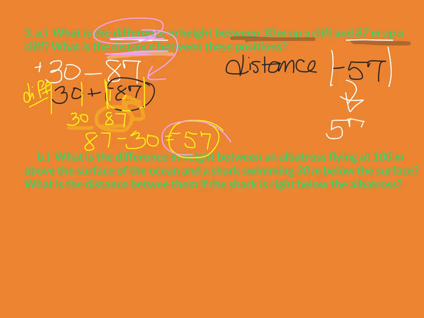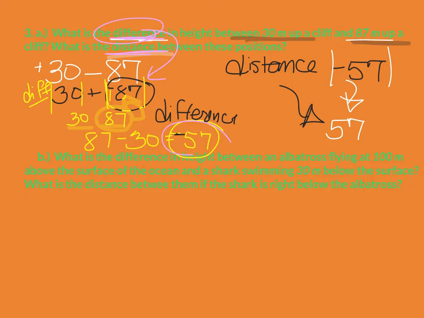That, of course, is 57. So my two answers both share the same absolute value, but they are different. So again, the difference right here is negative 57, and my distance is positive 57, or just 57.